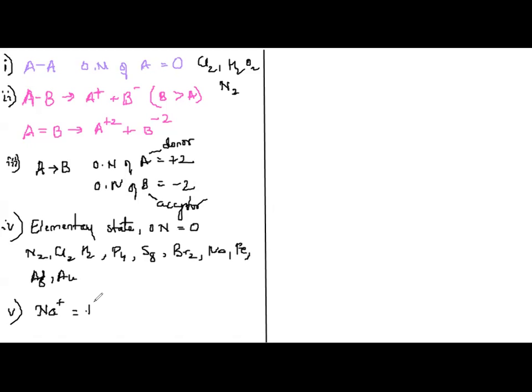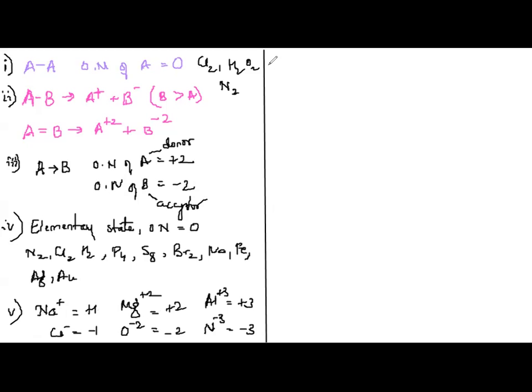Plus 1, so the oxidation number is +1. Mg2+ has charge +2, so the oxidation number is +2. Al3+ has oxidation number +3. Cl- has oxidation number -1. O2- has -2. N3- has oxidation number -3. So the charge on the cation is its oxidation number, and the charge on the anion is its oxidation number.